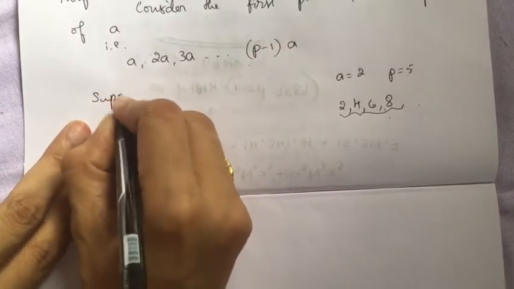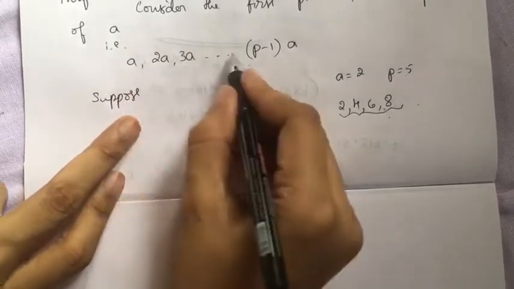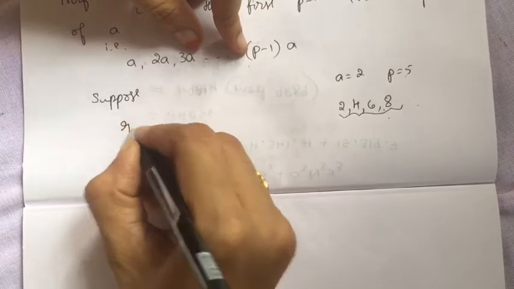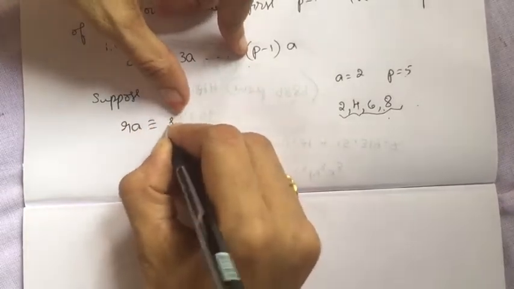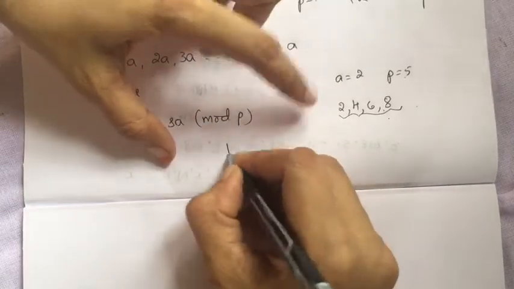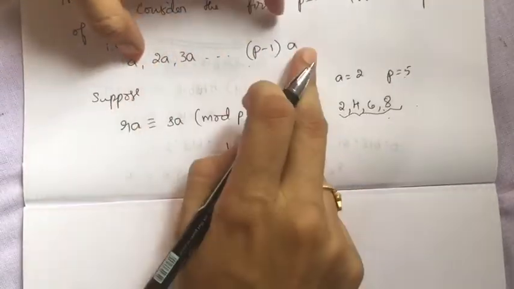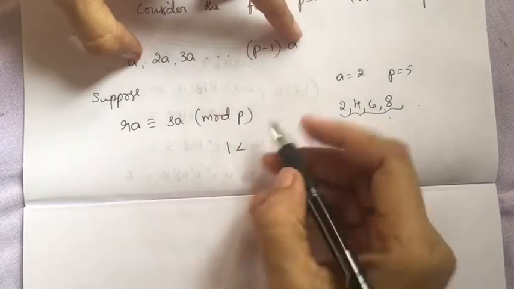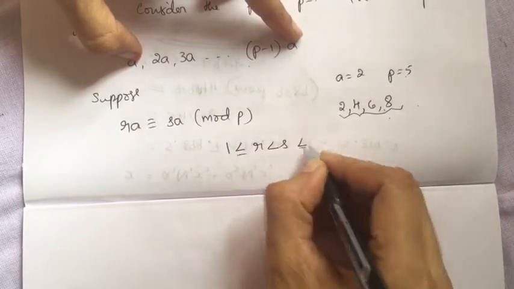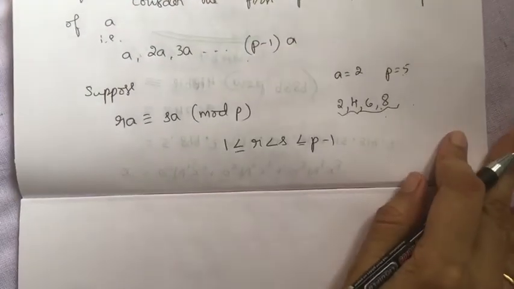Say some ra is congruent to some sa mod p, where r and s lie between 1 and p minus 1.